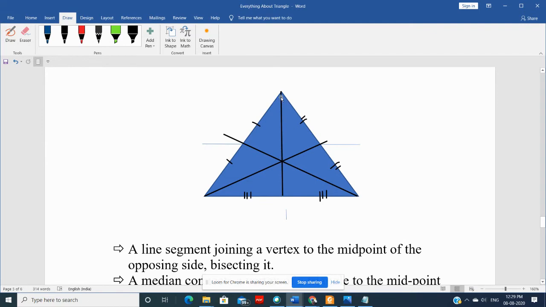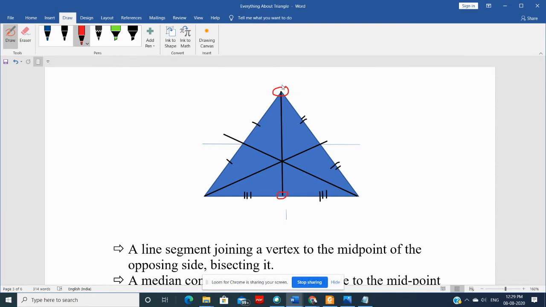It is joining a vertex, this point, to the midpoint. But midpoint of what? Midpoint of the opposite side. This side is the opposite side of this vertex. And this line segment is bisecting this side. Bisecting means making two equal halves.